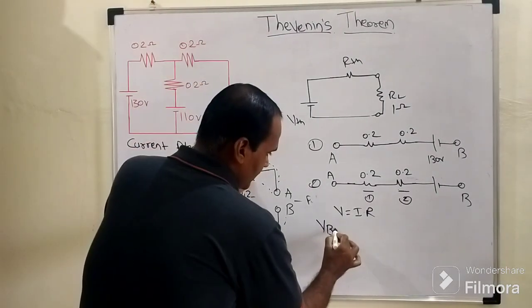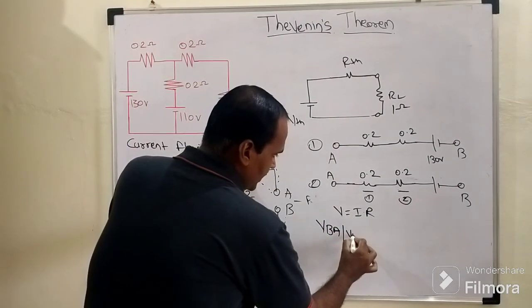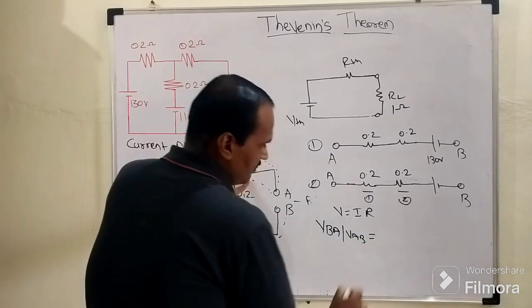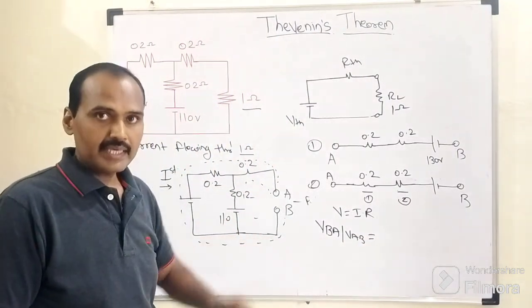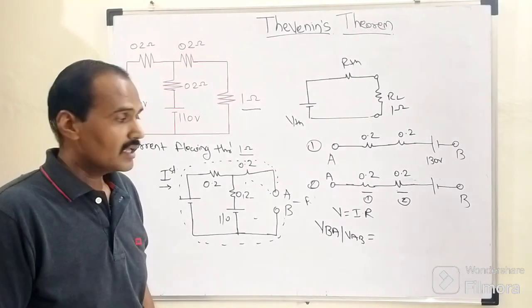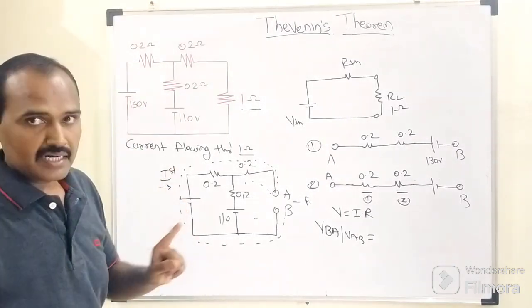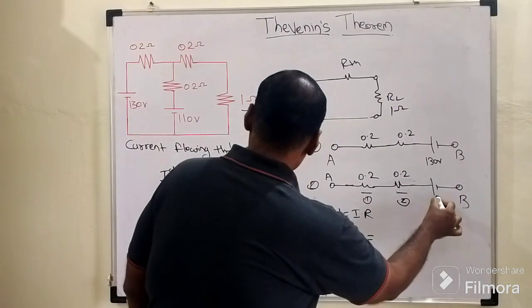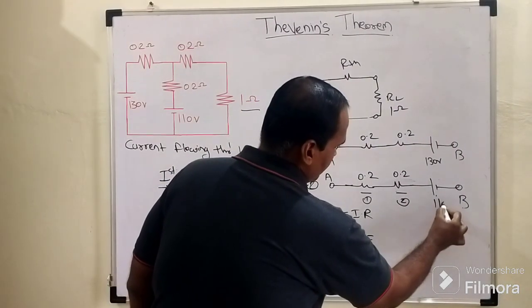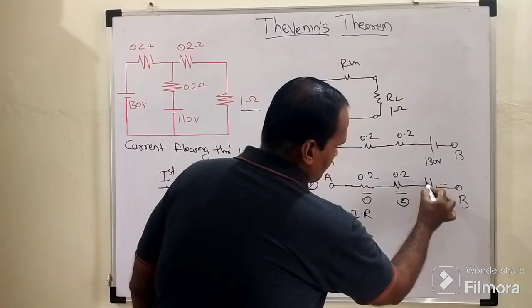A or A and B, that can be called VBA or VAB. For the sake of the moment, consider it as VBA, right? When we start our journey at this point B, we are heading through this battery of 110 volt. These are the polarities.